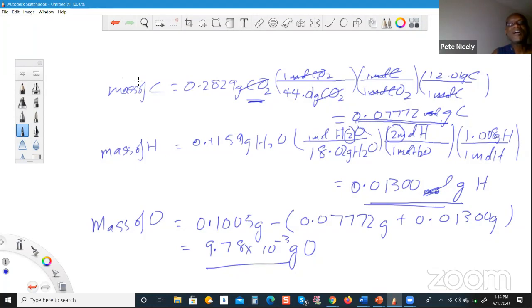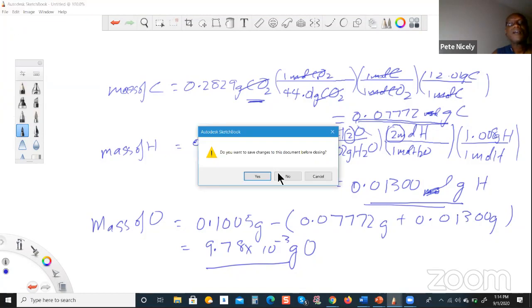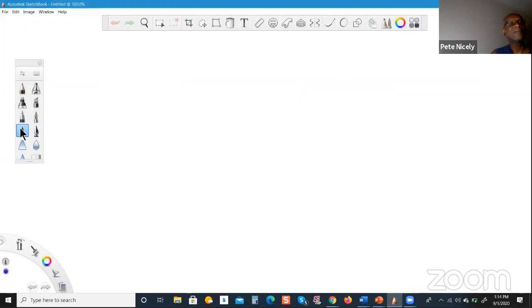Okay, so I'm just going to clear this. And I'm going to start now setting up my table for calculating the empirical formula. How much time do we have left? Okay, we have enough time.